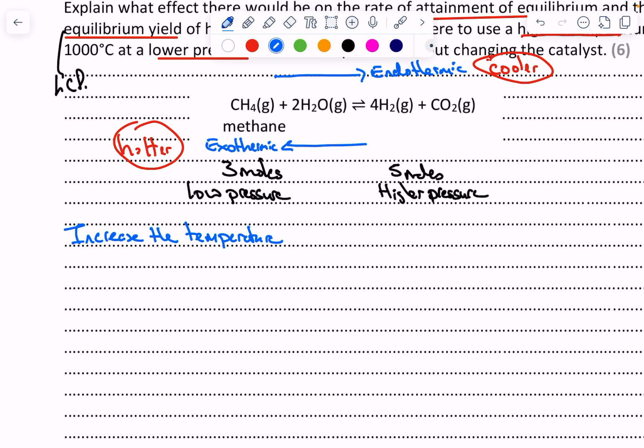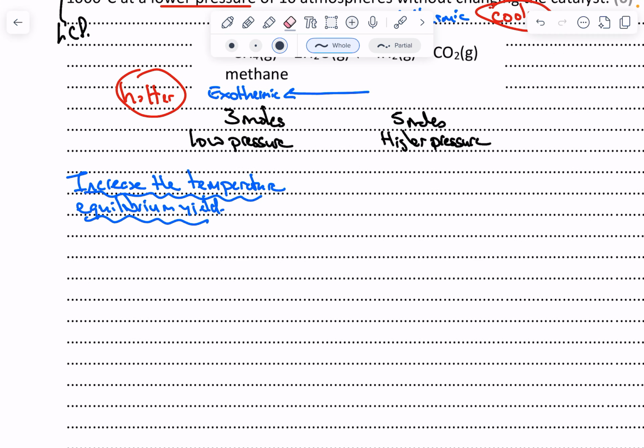Let's do it from an equilibrium perspective first, so equilibrium yield, and then we'll do the attainment separately. We're looking at increasing the temperature. According to Le Chatelier, if we increase the temperature, Le Chatelier's principle says it will try and lower the temperature.